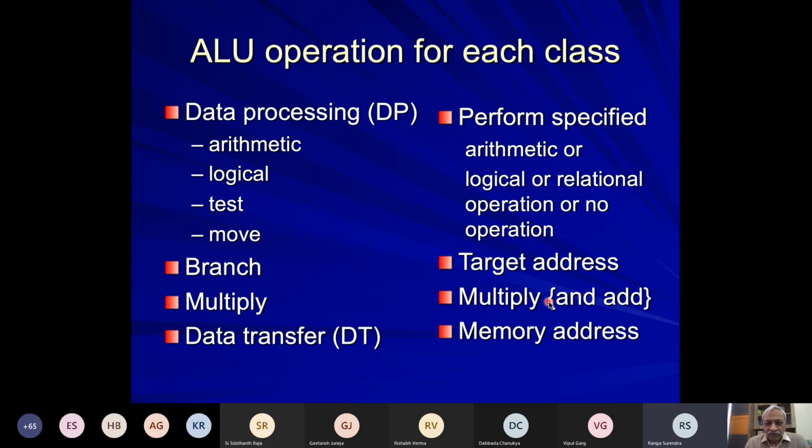So both kinds of designs are possible. The trade-off would be between duplicating the adder and the circuitry required to share the adder, share the ALU, for the MLA instruction.